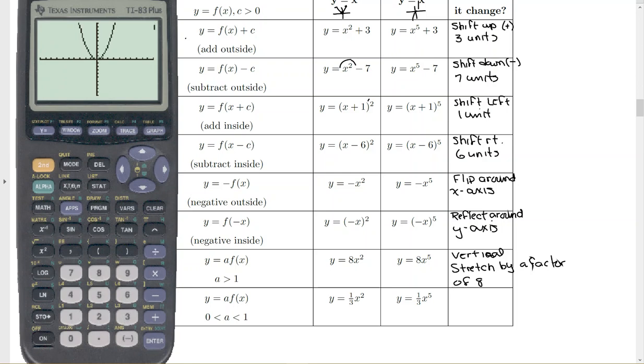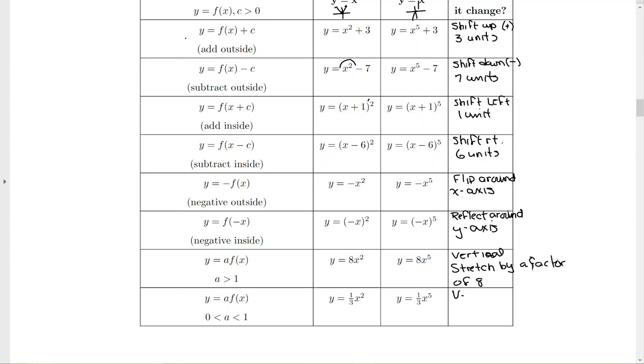There's my original, and notice the darker one is pulled out, but rather than think of it as a pulling out, it's really getting pushed down. It's a vertical compression by a factor of 1/3, or whatever that fraction may be in front.